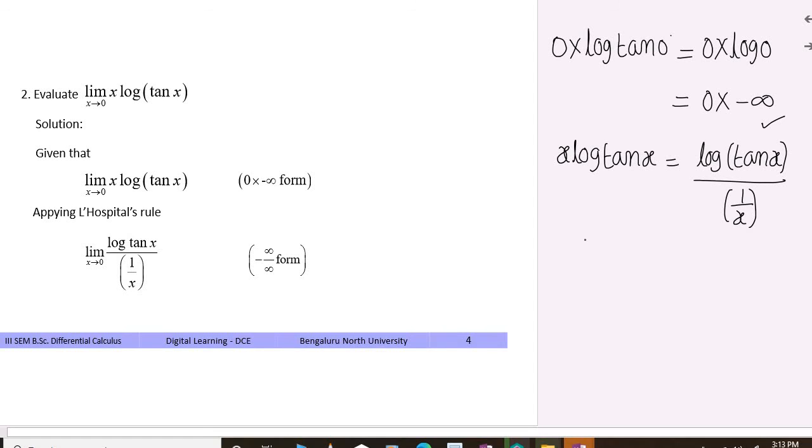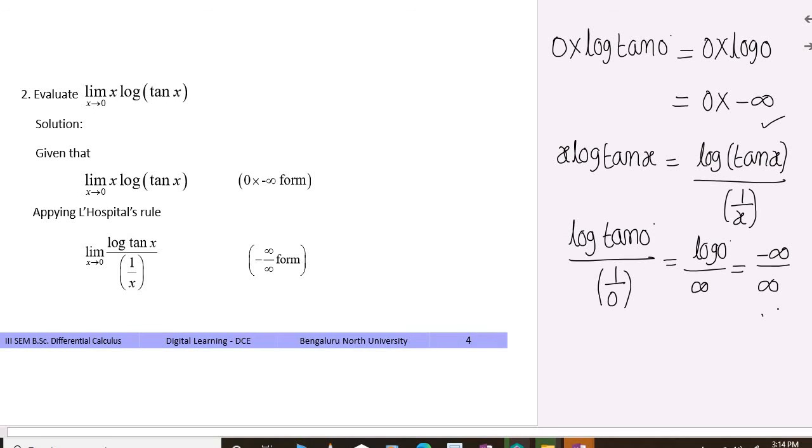Now substitute x equal to 0. Then log of tan 0 divided by 1 by 0. The numerator value equals log 0, the denominator value equals infinity. But we know log 0 is minus infinity.